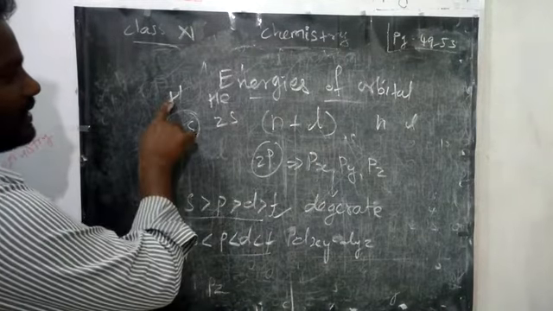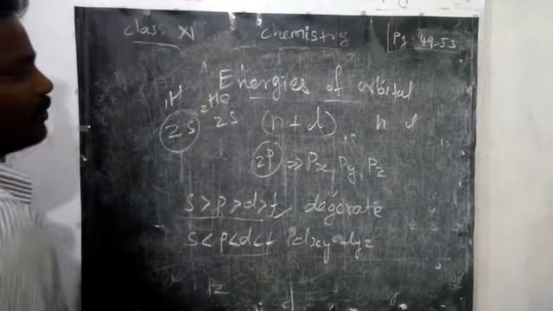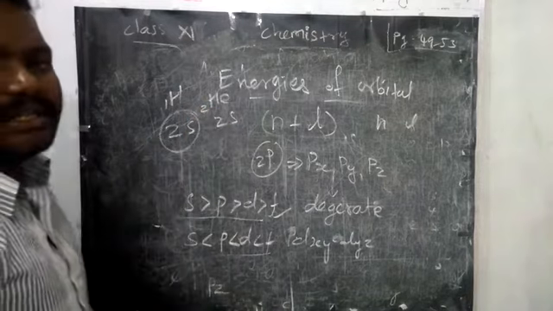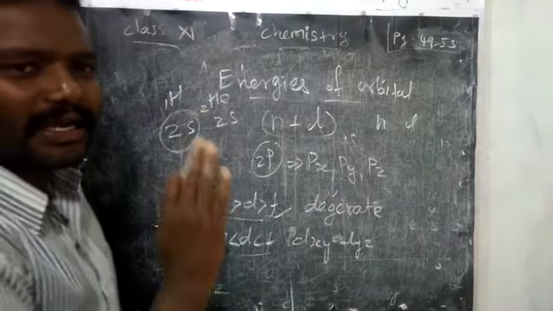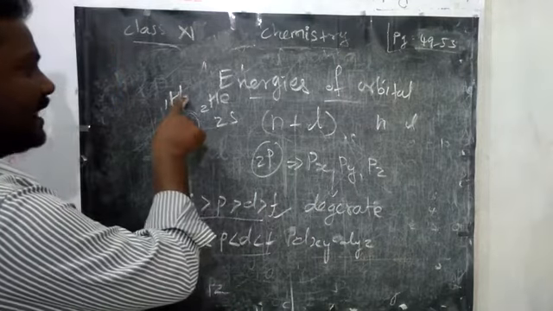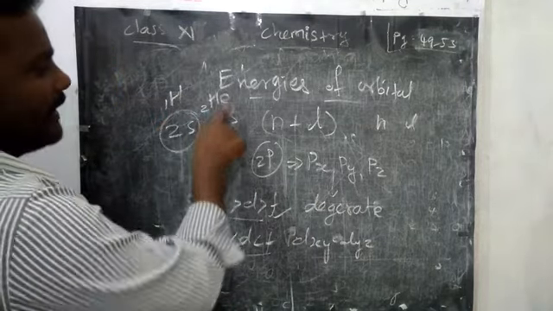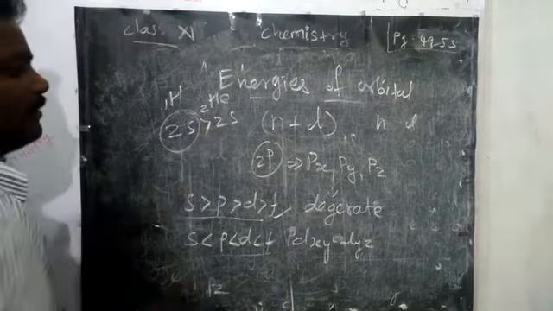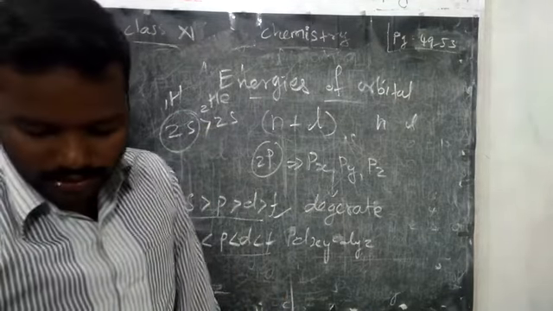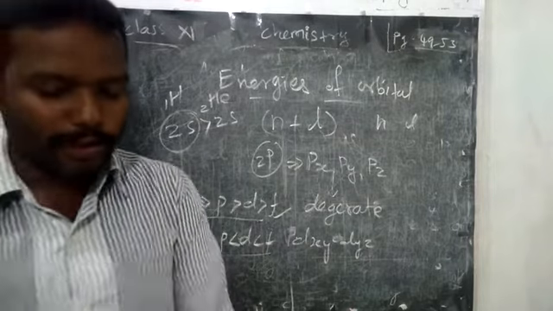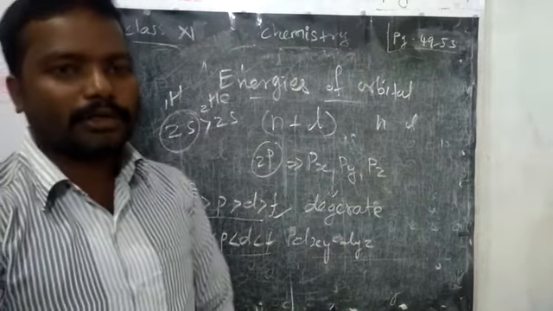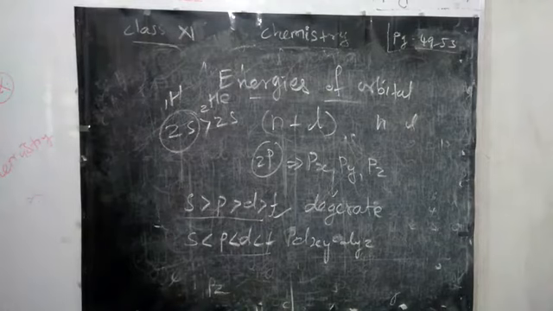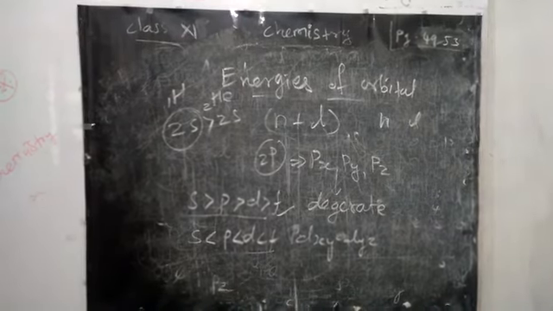For hydrogen, atomic number 1, helium 2. We don't have 2s for hydrogen, but just consider if there is a hydrogen 2s orbital and a helium 2s orbital, which one has more energy? Hydrogen. So this is also important. Then we are going to apply the filling of electrons. How do you fill the electrons in the different energy levels? That we are going to see now.